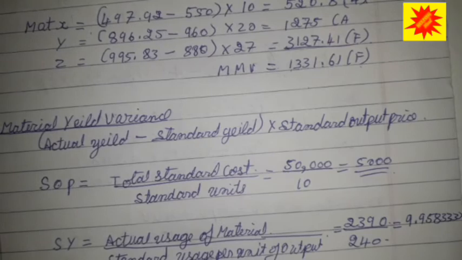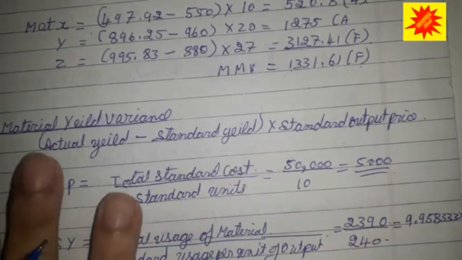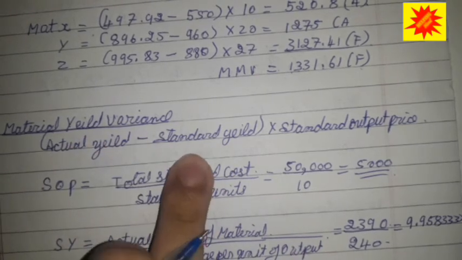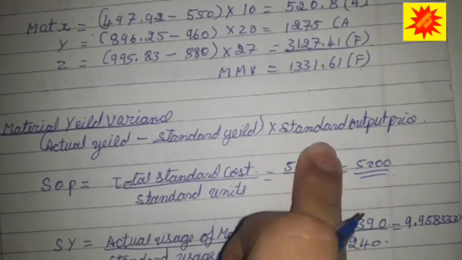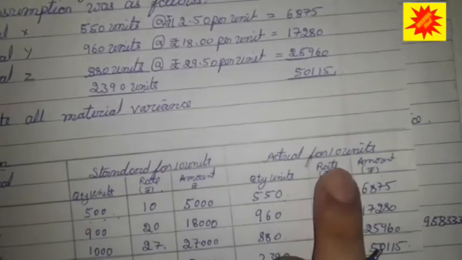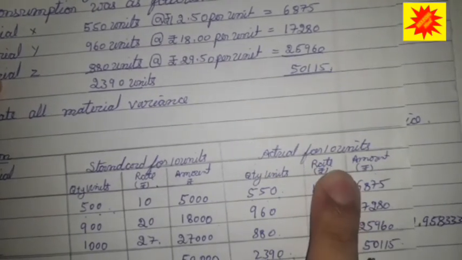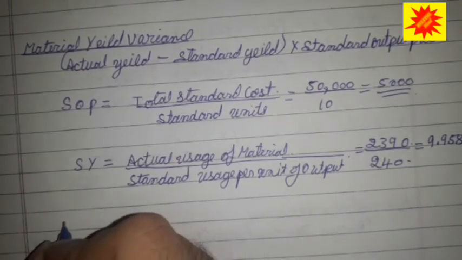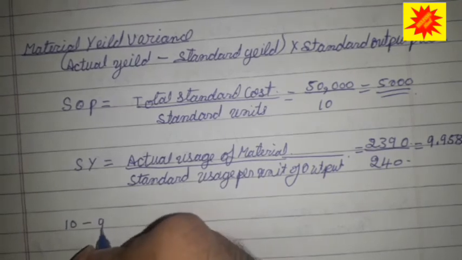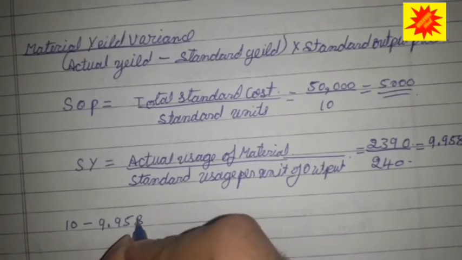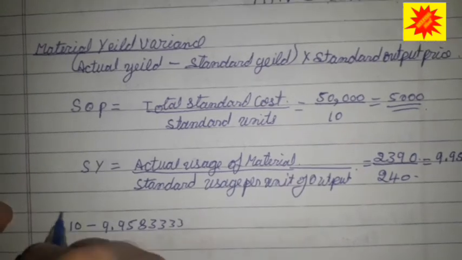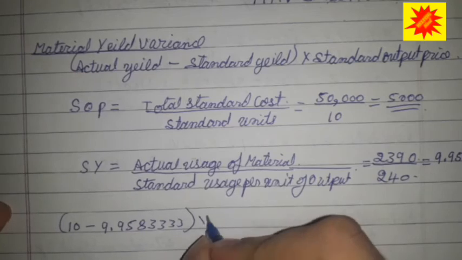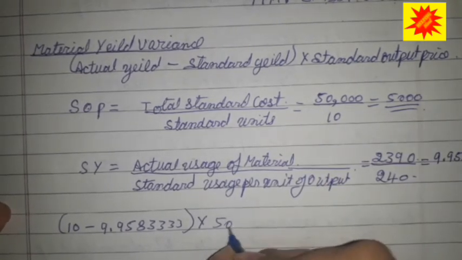Okay, now this is our material yield variance formula. Now we have standard yield, we have standard output price, and actual yield is nothing but how much is actually yielded, 10 units. So that is our actual yield. So the formula goes like this: the actual yield, that is 10, minus 9.9583333, into 5000.